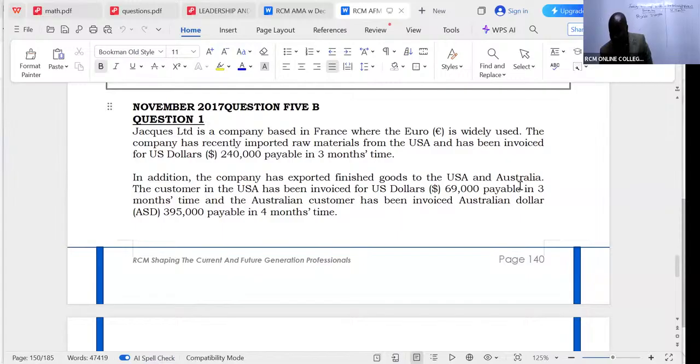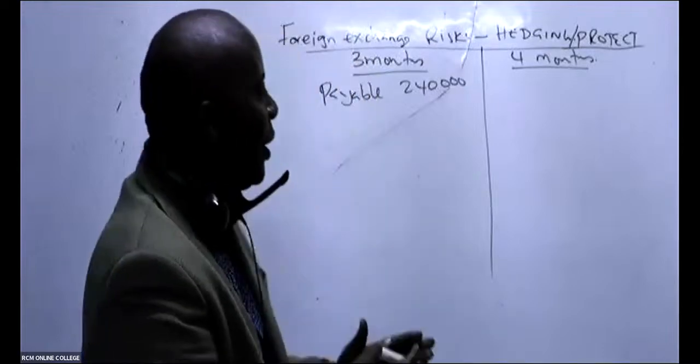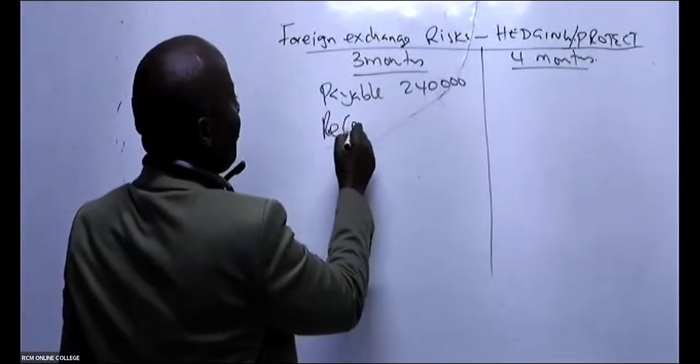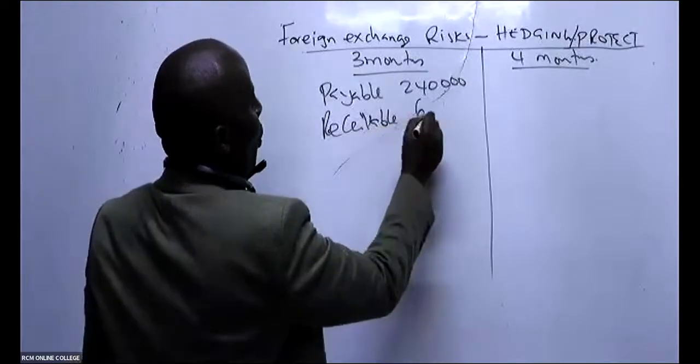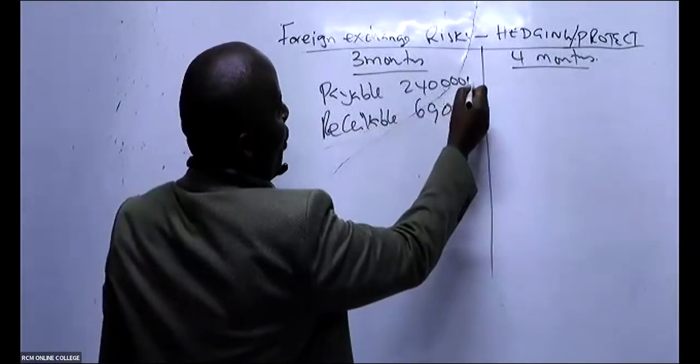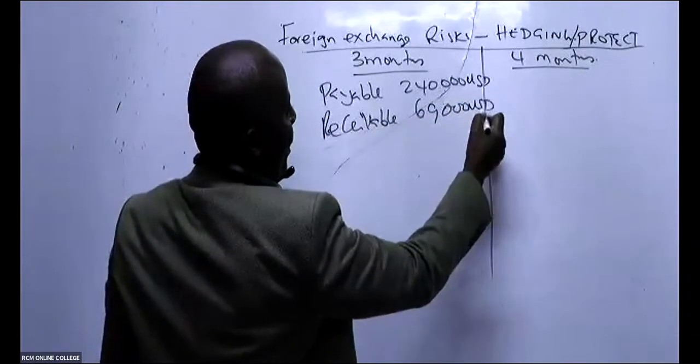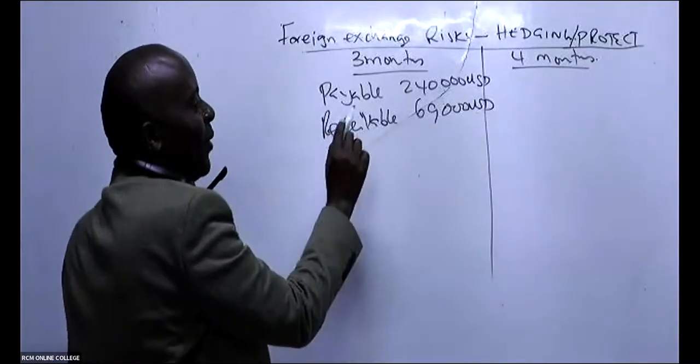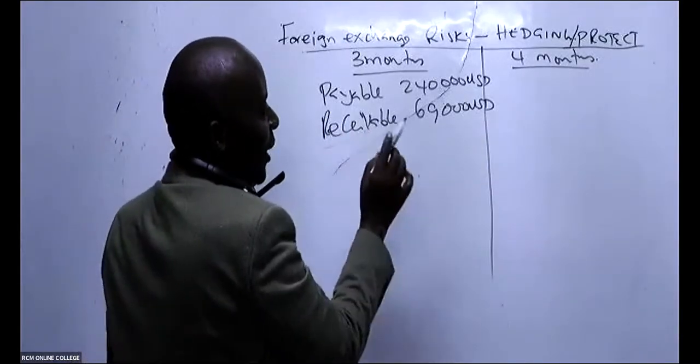In how many months' time? In 3 months' time. A receivable of $69,000. These are USD. So we have payable in USD, receivable in USD.